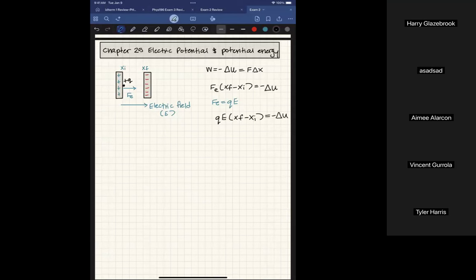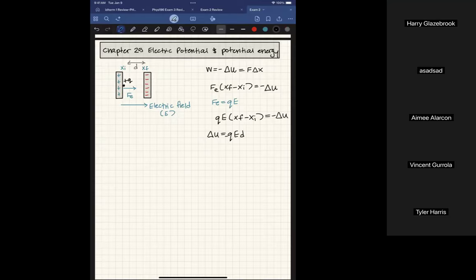I'm going to put the negative sign on the other side here, and we have the change in potential energy equals Q, E, and then instead of X final minus X initial, I'm going to make this our displacement, which is usually written as D. And the negative sign's right here.